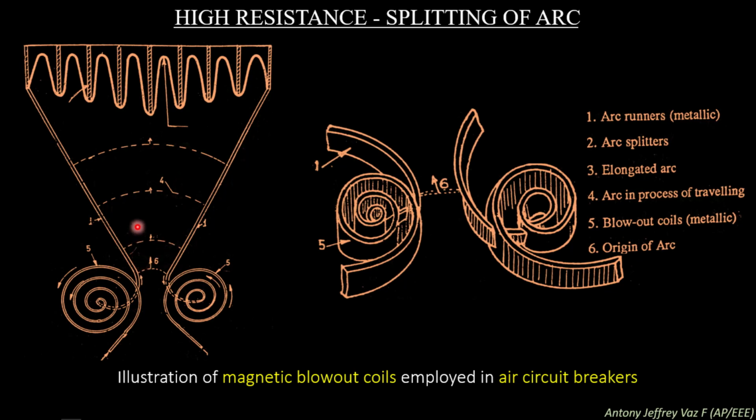While moving upwards, the arc gets elongated at every step. Since the arc length goes on increasing, the resistance also gets increased and the current gets decreased. Since the arc current is decreased and the resistance is increased, the arc cannot be maintained.